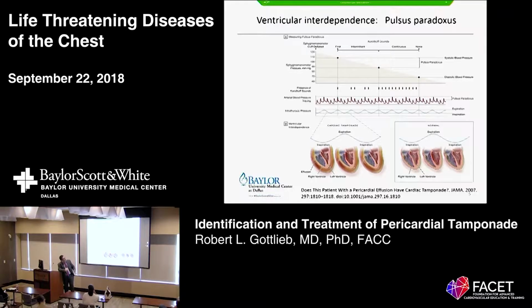So this is a very dynamic process, because what happens is it's all based on dynamic preload.